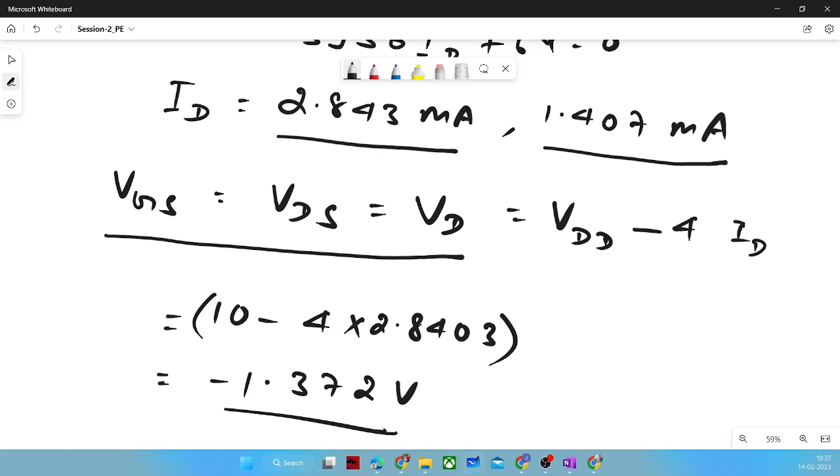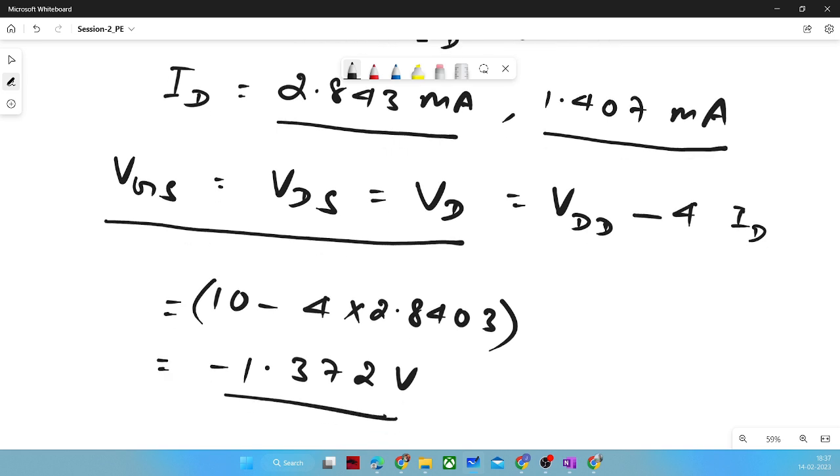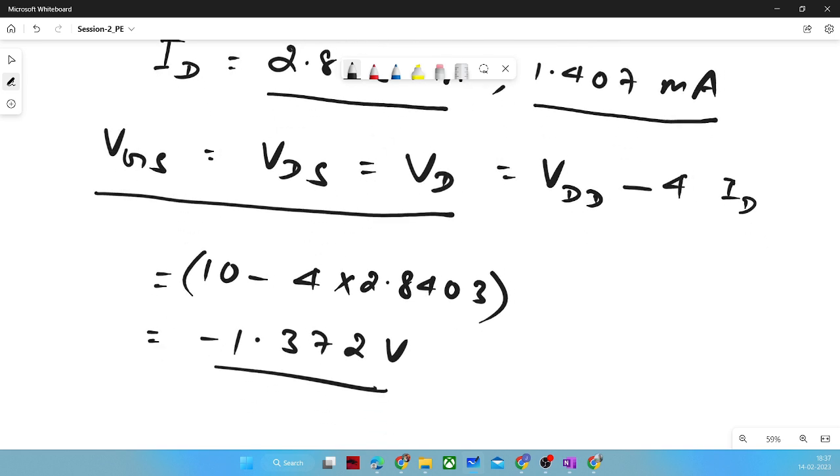Right? Any doubt? Okay, anyway, we will move ahead. So with this value, you got the negative value of VGS for N-channel MOSFET. And what do you have to comment on this value?